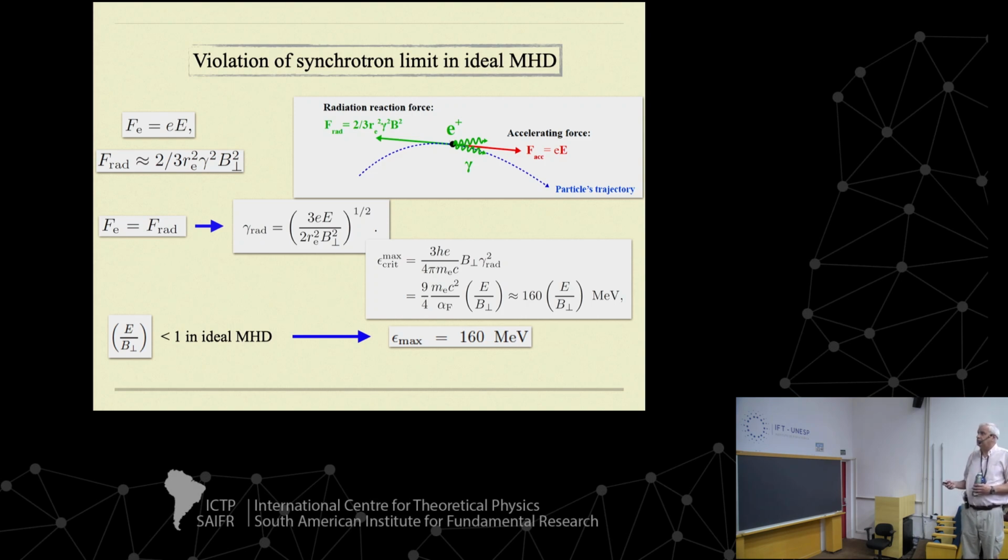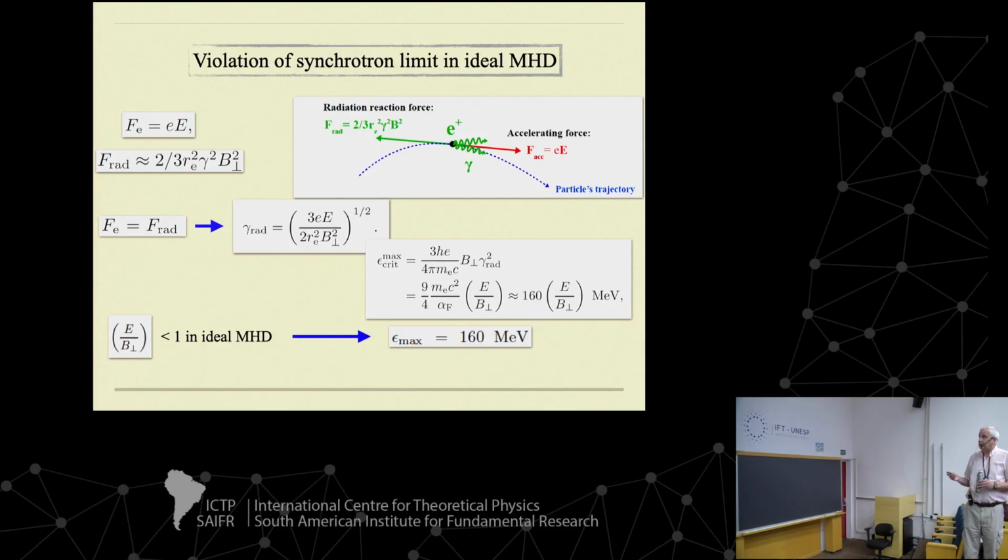Then this imposes a critical energy that is of the order of more or less 160 MeV. This is why, if your source is accelerating particles in the ideal magnetohydrodynamical regime, you could not have in your system synchrotron radiation with energy above 160 MeV. That is the absolute limit.